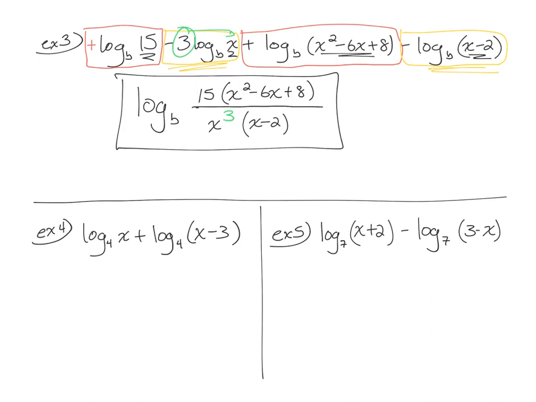So again, we take the argument of each log that's positive and we put it in the numerator multiplied together. We can take each argument in a log that's negative and put it in the denominator multiplied together. And then any coefficients become the exponents of those particular bases.